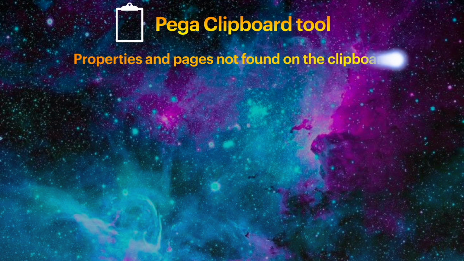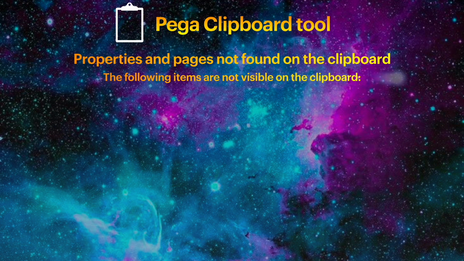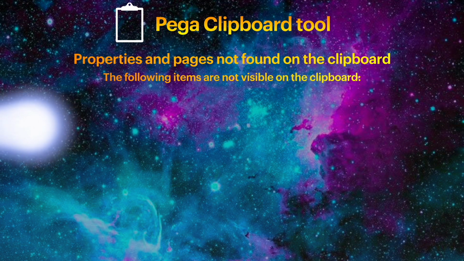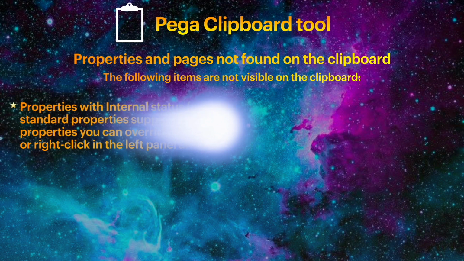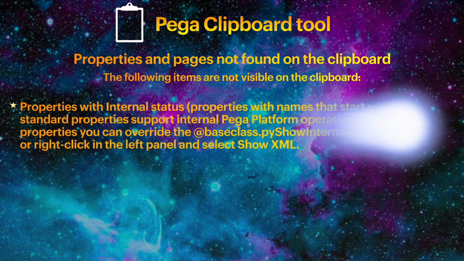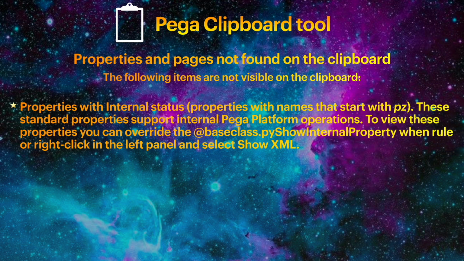Properties and pages not found on the clipboard. The following items are not visible on the clipboard. Properties with internal status. Properties with names that start with pc. These standard properties support internal Pega platform operations.